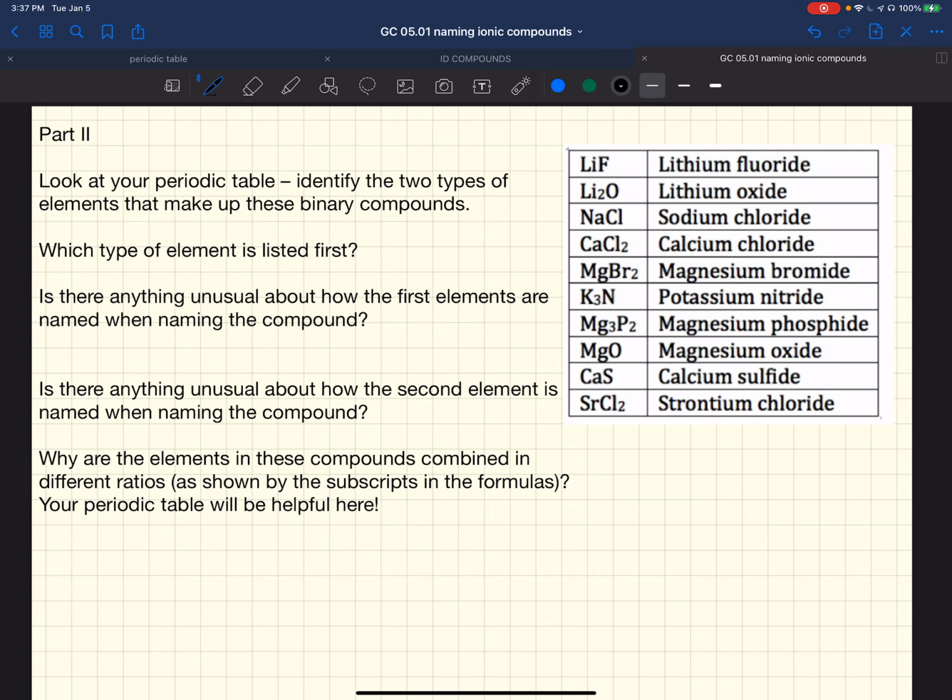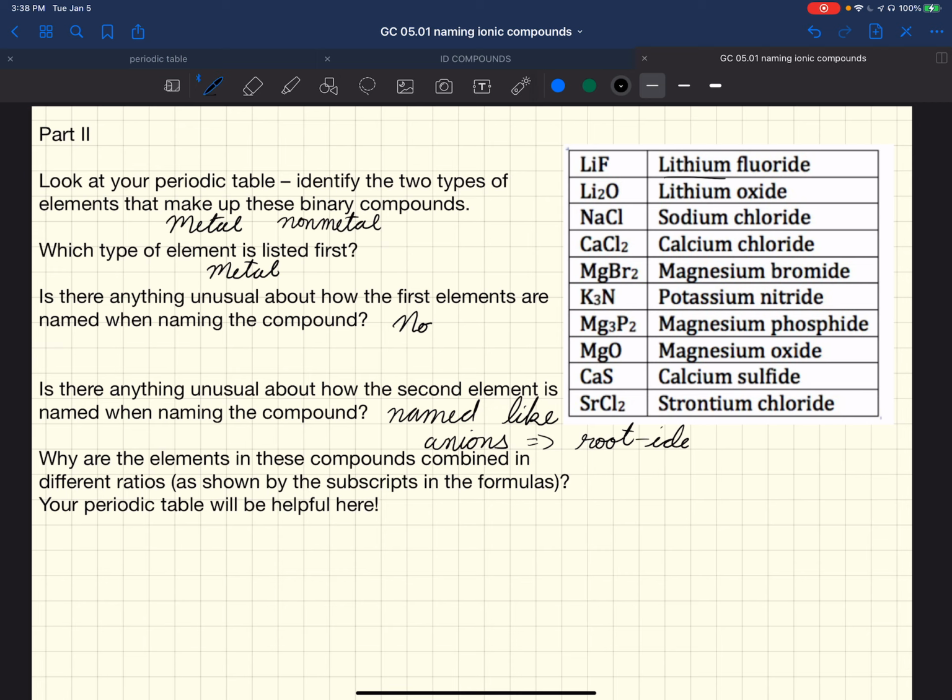Well, if I look at it, it's named like anions. So that is root IDE.